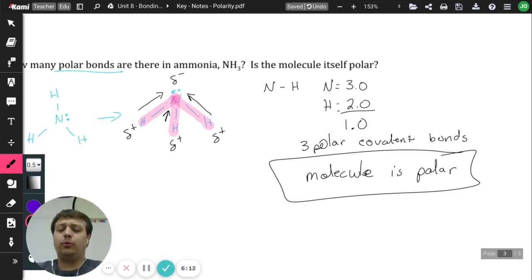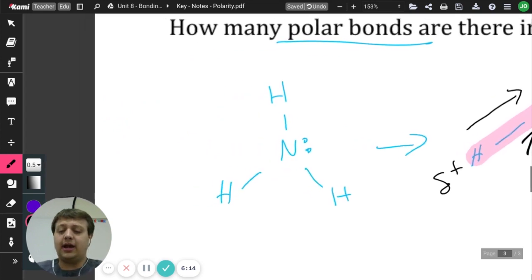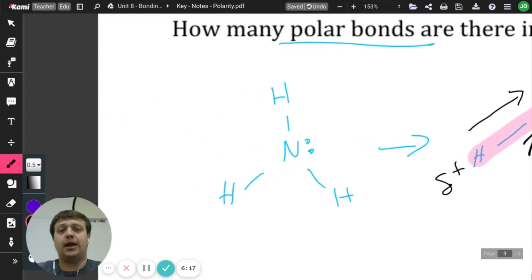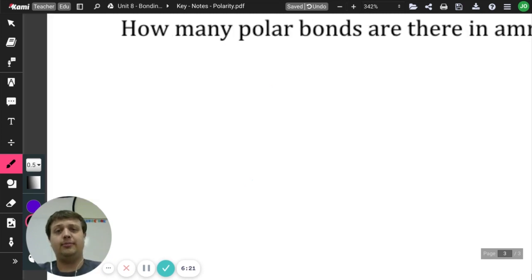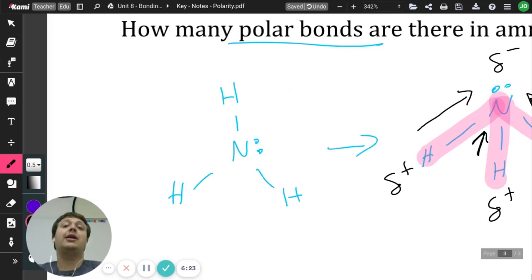Now, here's what I want to point out. If you had forgotten to adjust your shape based off of those lone pairs, if you had forgotten to do your VSEPR shape, your molecule would have been nonpolar. Why? Because you would have had a slightly positive, slightly positive, slightly positive, and you would look at this and you'd be like, okay, well, everything on the outside is positive, right? And so because of that, you would say, okay, well, this must be nonpolar then.